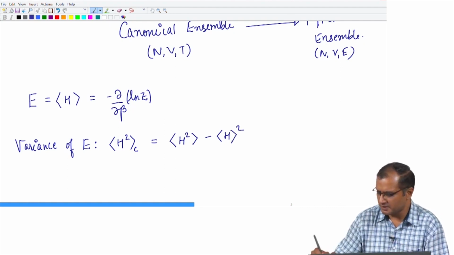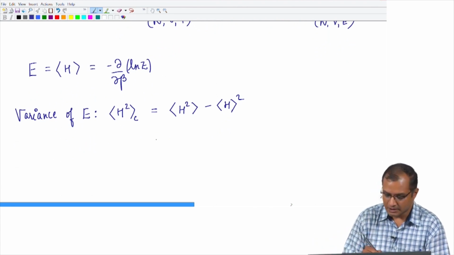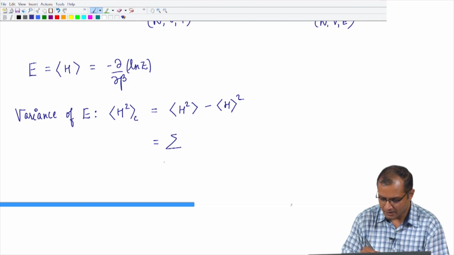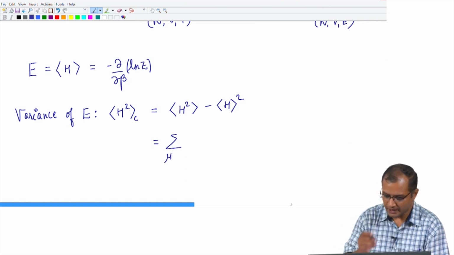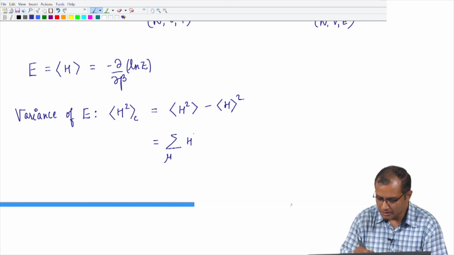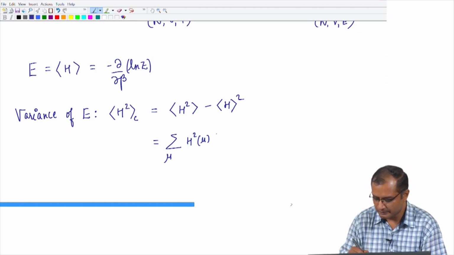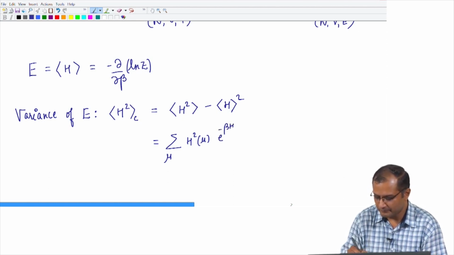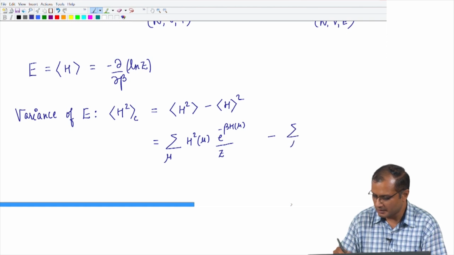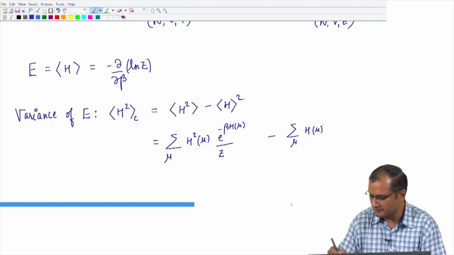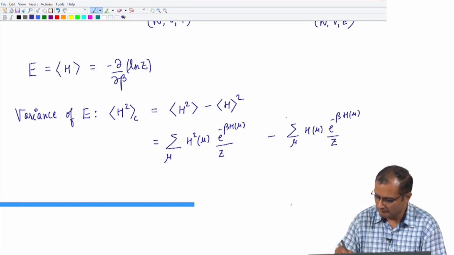So the technique remains very similar to calculate it. Here I would simply take, to compute the second moment, the average of the Hamiltonian square, and to compute the square of the first moment, I will simply take the first moment here and square the entire thing.